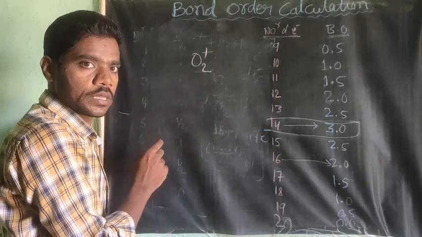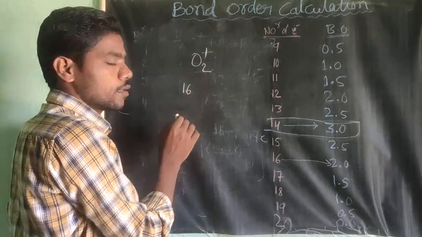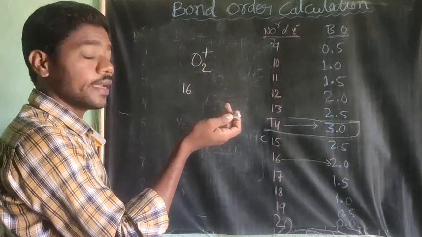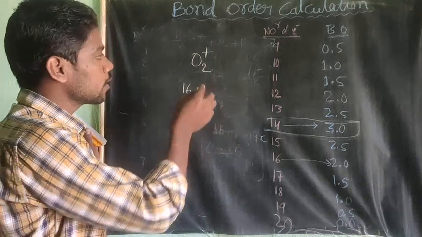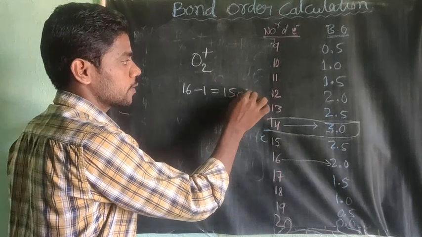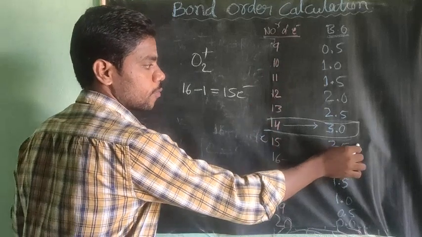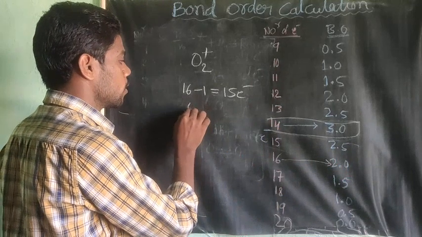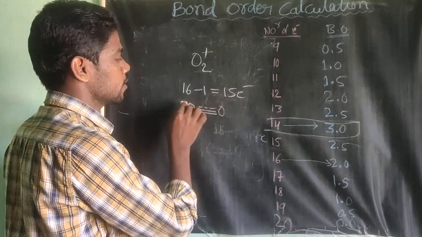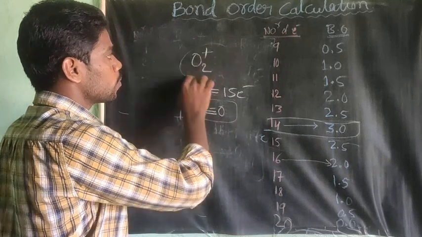O2 means how much? 16. One oxygen is 8, two oxygen is 8 into 2, 16. Next, one positive charge means we have to remove 1 electron. Therefore it gives us 15 electrons. Therefore, for 15 electrons the bond order is 2.5. This is the bond order of O2 plus.